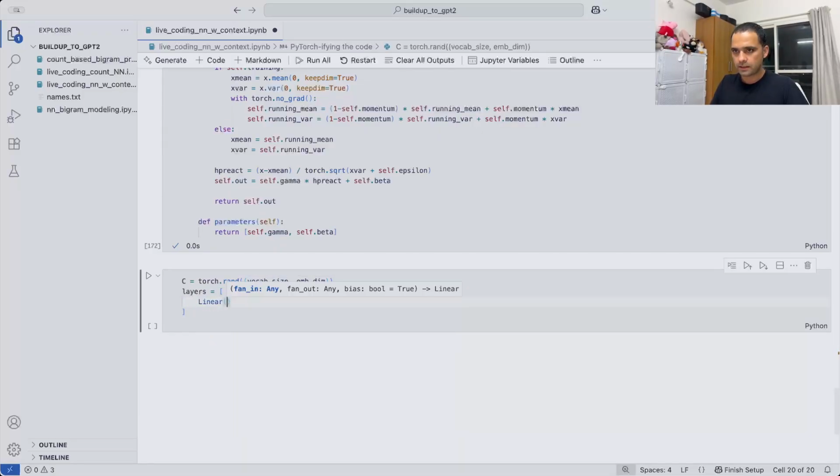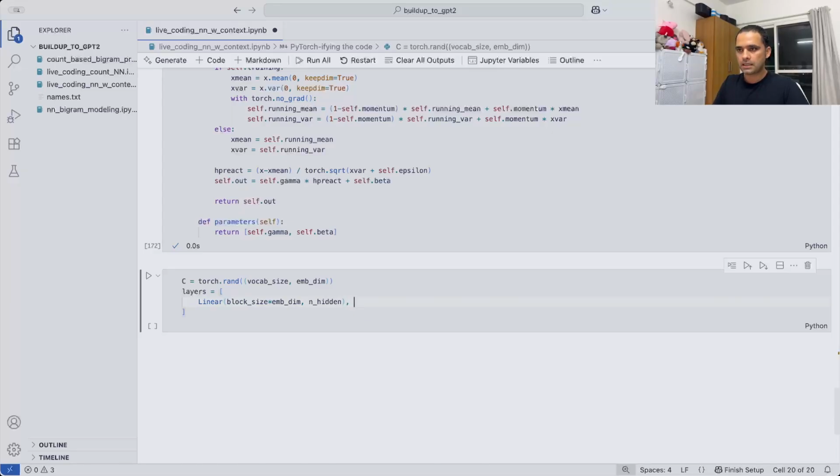We'll make a linear layer with fan in as block size multiplied by embedding dimensions, and the output would be the hidden dimension.